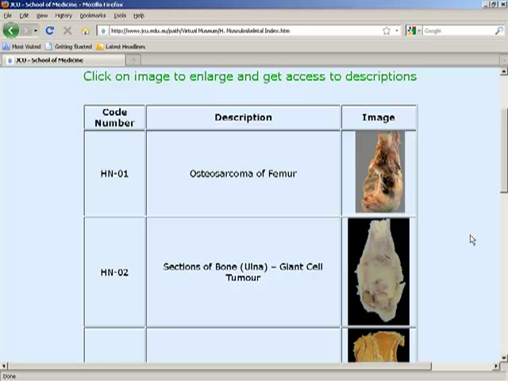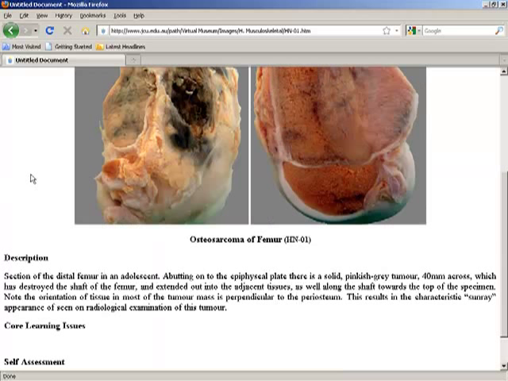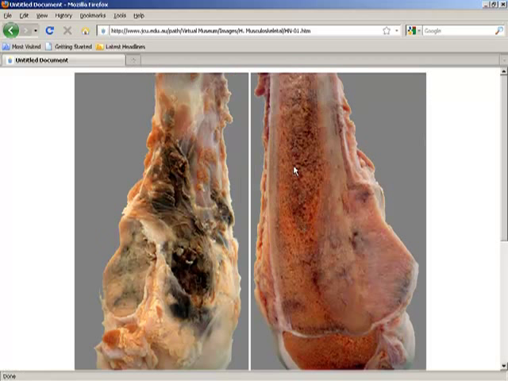Okay, we'll go through now HN01, a very nice specimen. You can see the epicondyle there, lower end of the femur. That's the cortex, normal. That's the marrow.